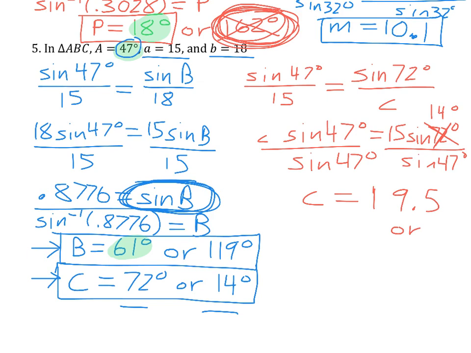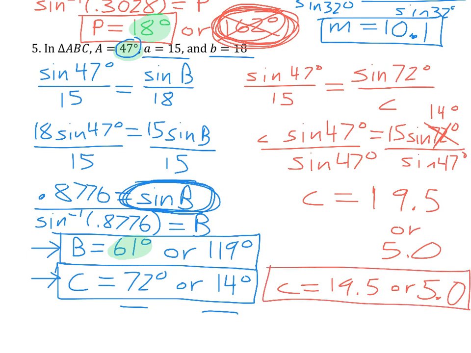Okay, so on my calculator, I type 15 sine 14 divided by sine 47, and this gives me that C equals 4.96, which rounds to 5.0. Alright, and I'm going to write it side by side. So 19.5 or 5.0.